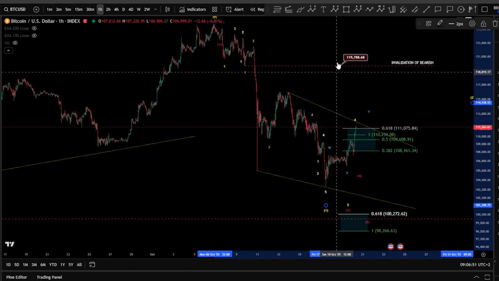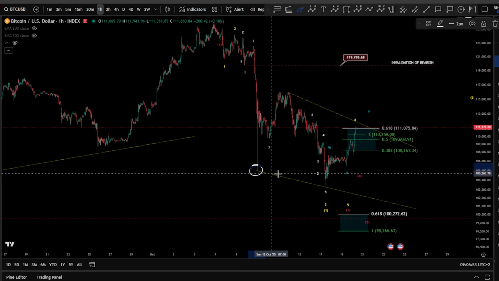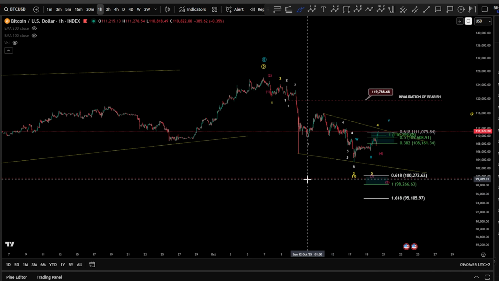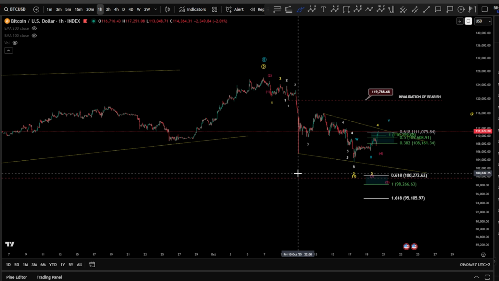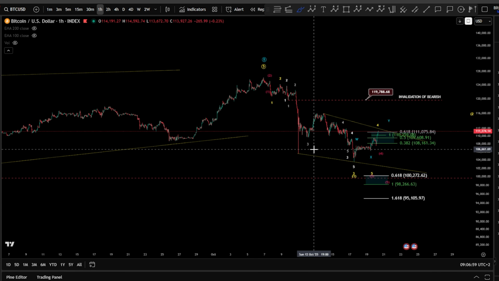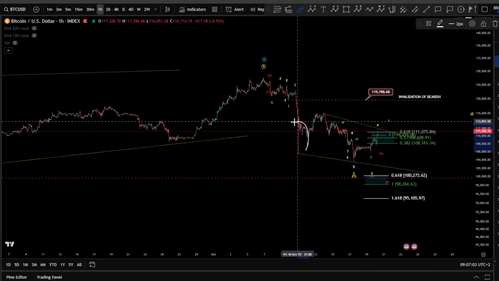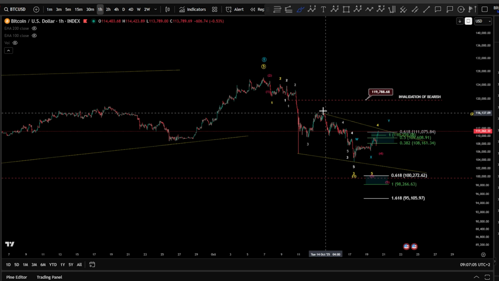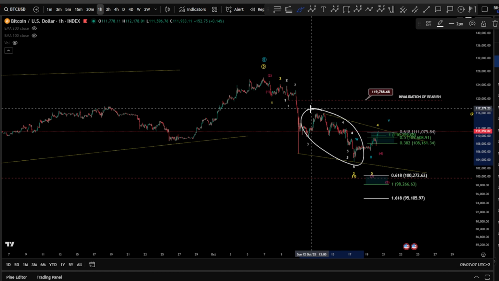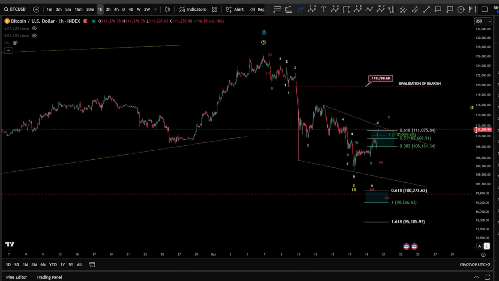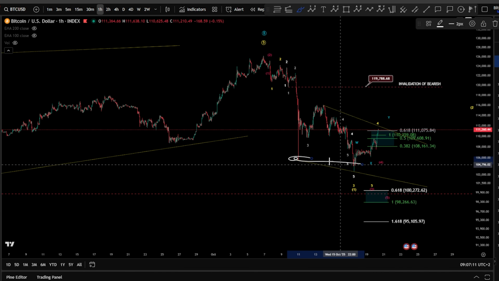Despite that, of course, this wick is very long on some platforms, where it has reached around 100K. On this platform, it has reached only 105K. Therefore, it makes it very, very difficult here to estimate the price, if this is going to be a finished wave 5 or not, whether you take the low or not.